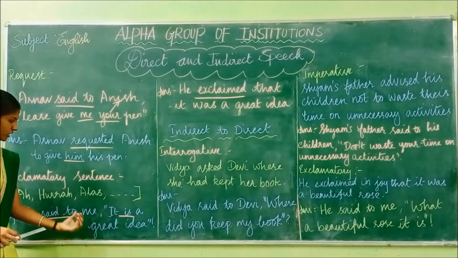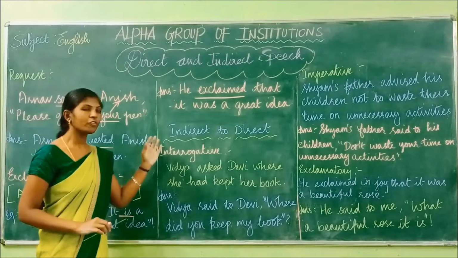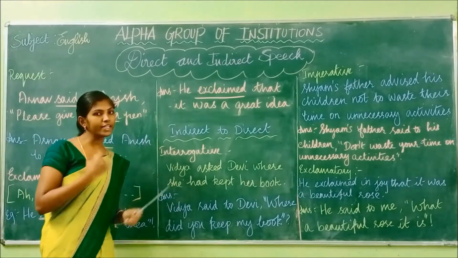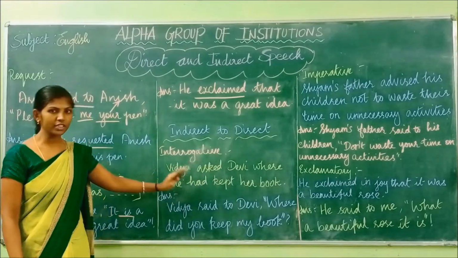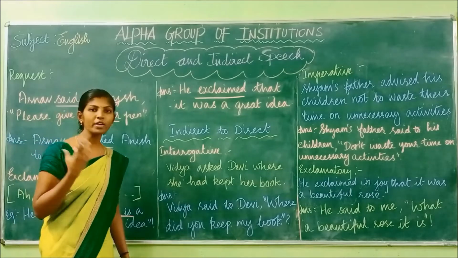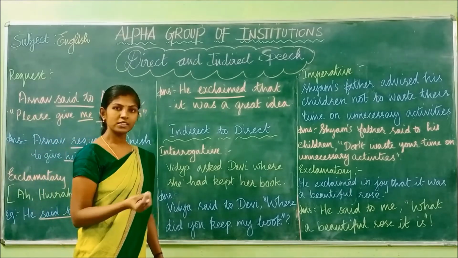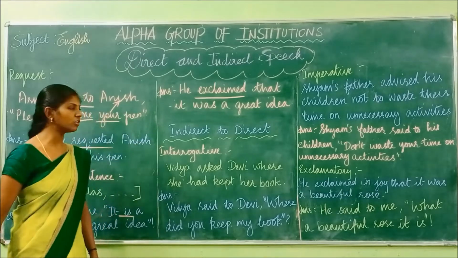Right, we have given you a question, right? We have changed from the question to answer. Now we are going to see from answer to the question, which means indirect to direct. We'll see a few examples for interrogative, imperative and exclamatory so that you get a clearer idea of how you would change the sentences from the question to answer and from the answer to a question.